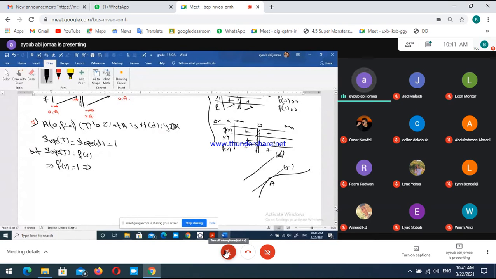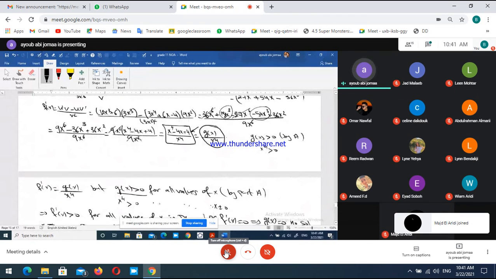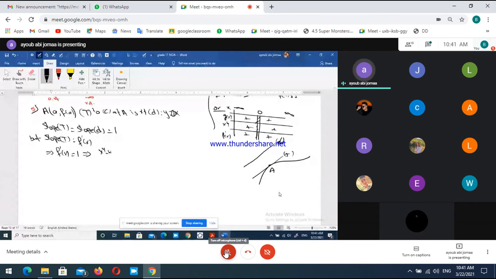So for that reason here, I'm going to put f prime of x equals 1. We already found f prime of x, which is x power 4 minus 4x plus 4 over x power 4. So x power 4 minus 4x plus 4 over x power 4 is equal to 1. Cross product over 1: x power 4 minus 4x plus 4 is equal to x power 4.